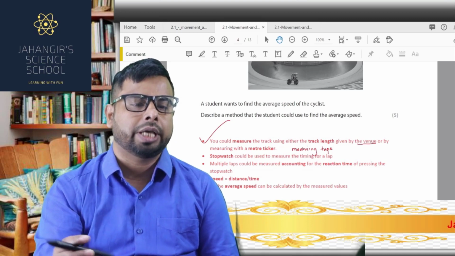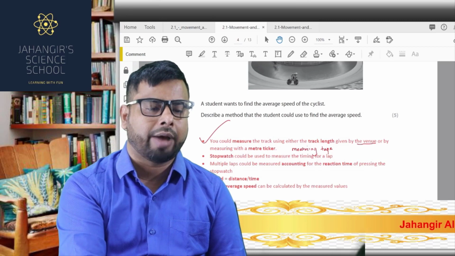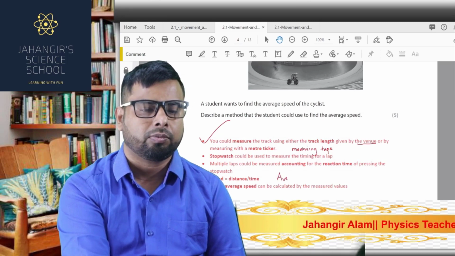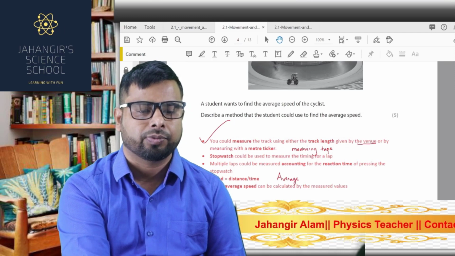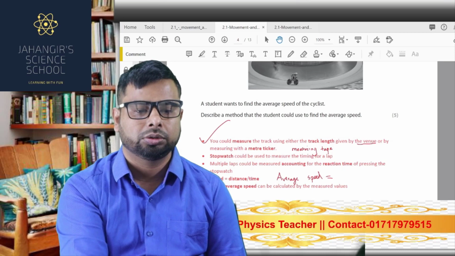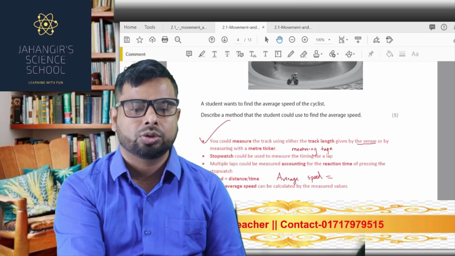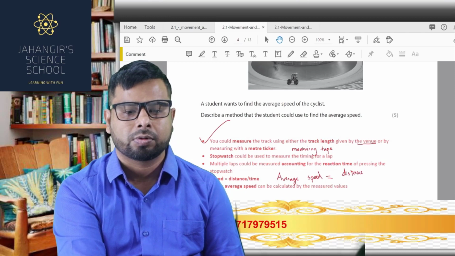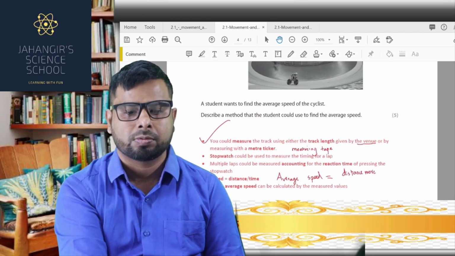We know average speed equals distance moved divided by time taken.